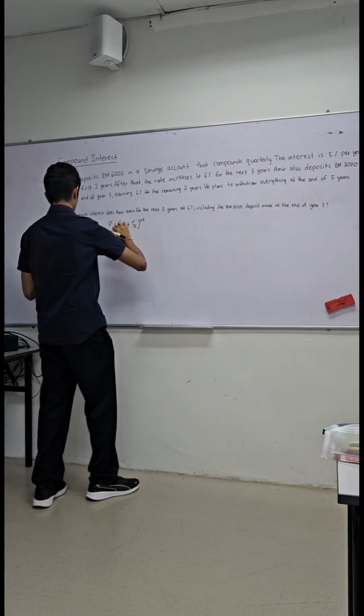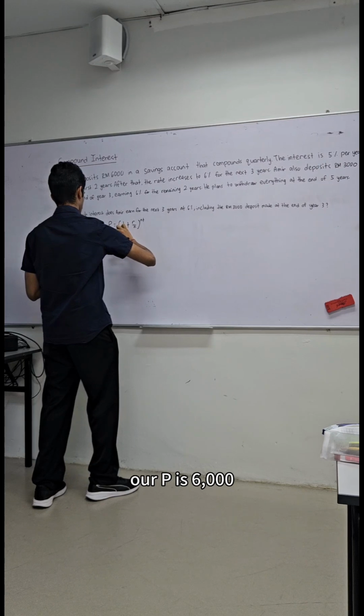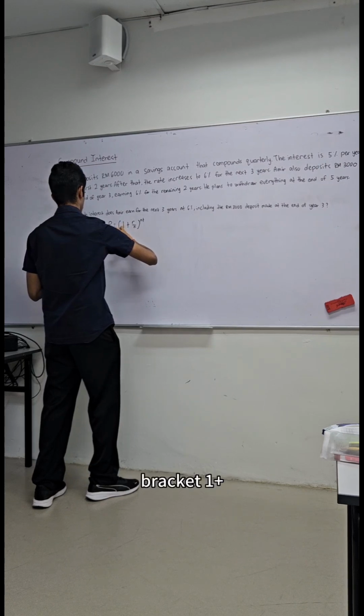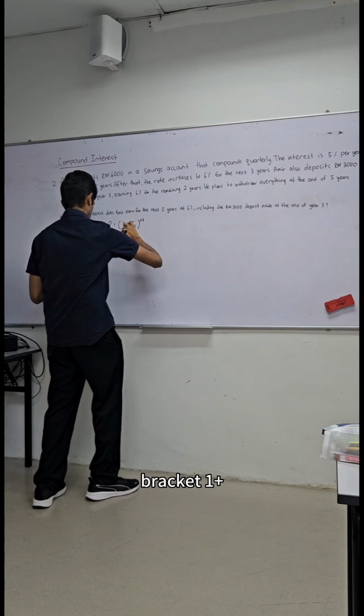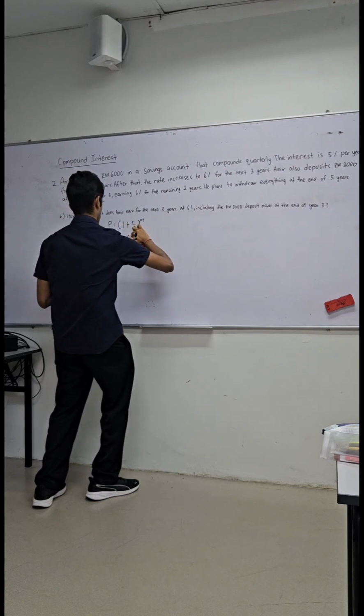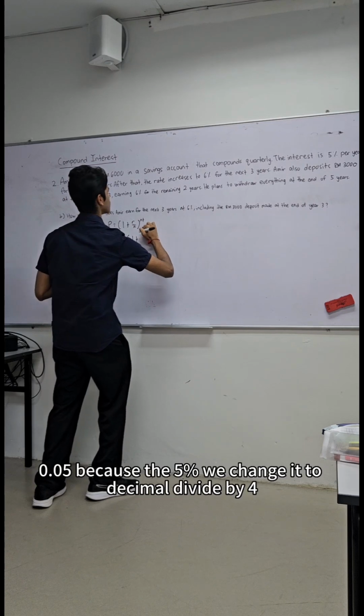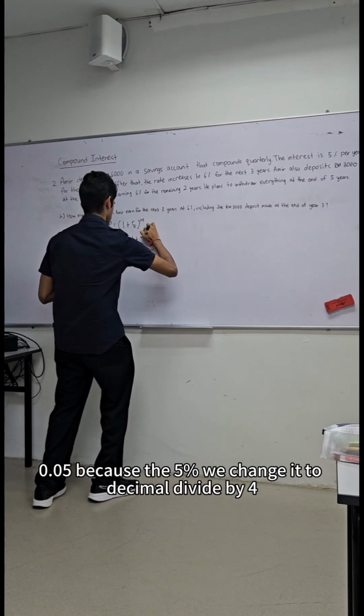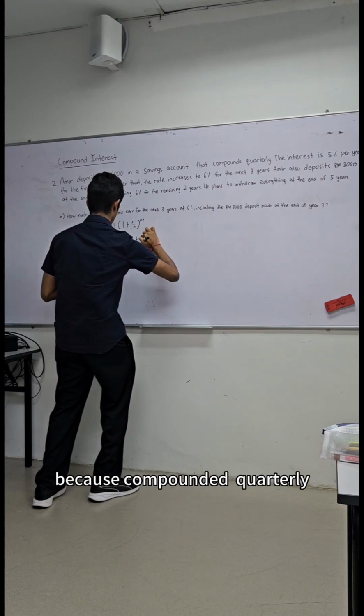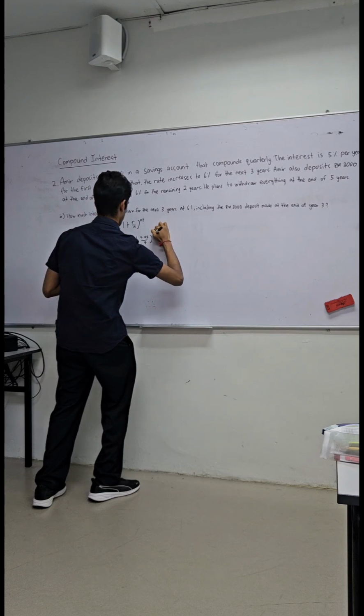So here our P is 6000 bracket 1 plus 0.05, because the 5% we change it to decimal, divided by 4 because compounded quarterly, to the power of 4 times 2 years.